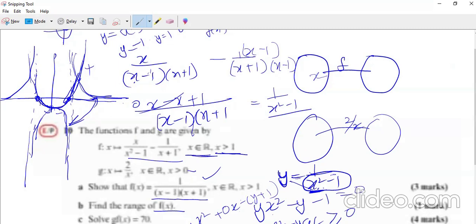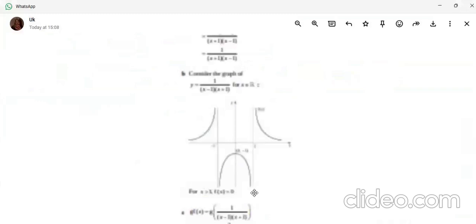So that means this part is not there. So actually only this has to be drawn, okay? So the curve of this is telling me y is greater than 0. That's the solution. The range is greater than 0. It's not equal to 0.